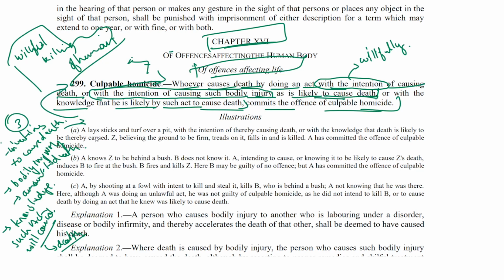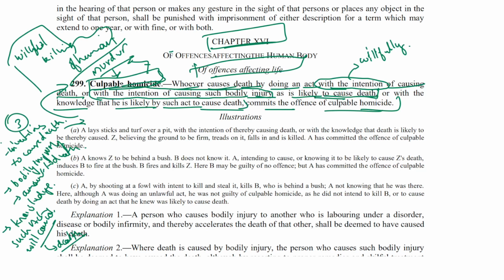It means that when you talk about murder, murder is also nothing but culpable homicide. Then why has murder been defined separately from culpable homicide? Because there are chances that even though the intention was there to kill the other person, and an act was done with the intention to murder, the person might not have died.